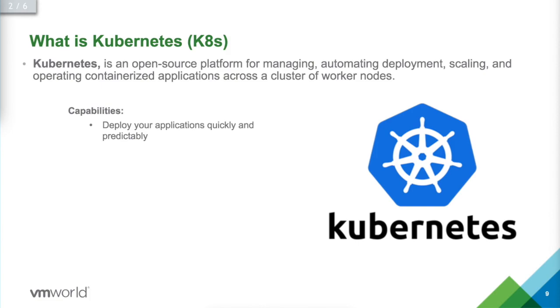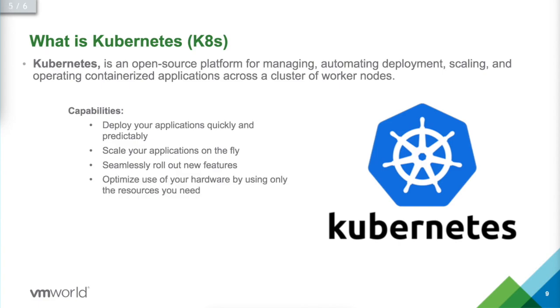Kubernetes provides the following capabilities. First, it will help you to deploy your applications quickly and predictably. Then it will allow you to scale your application on the fly. Over time, you can seamlessly roll out new features without disrupting the existing services.